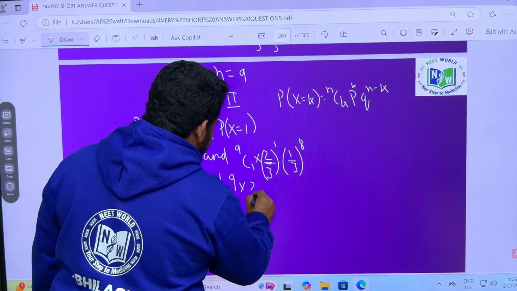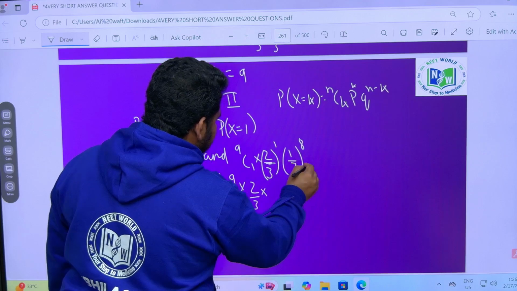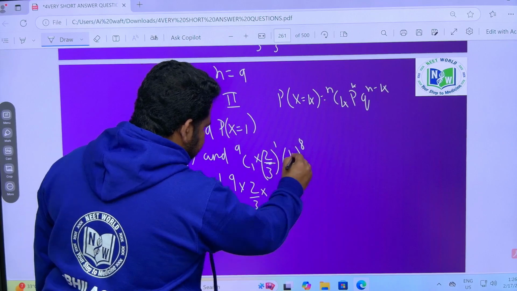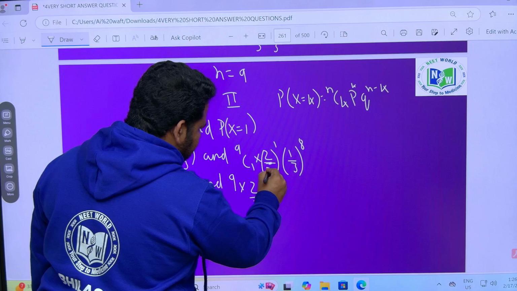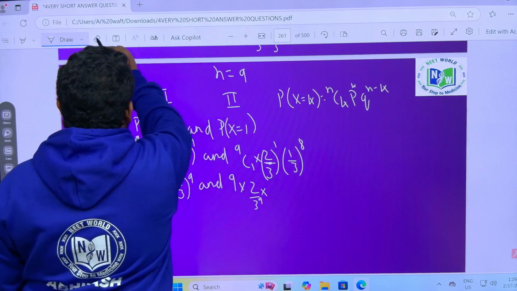So 9 into 2 by 3 into 1 by 3 to the power of 8. So this will become 2 by 3, I can write it as 2 by 1, 3 to the power of 8 and 3 to the power of 1. So this will become 3 to the power of 9.